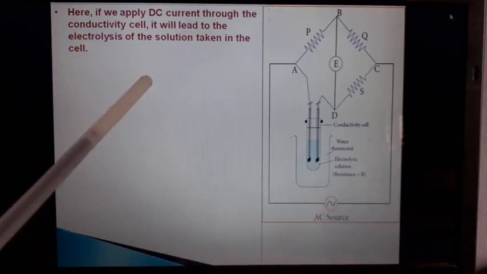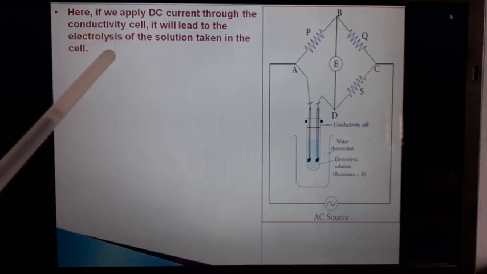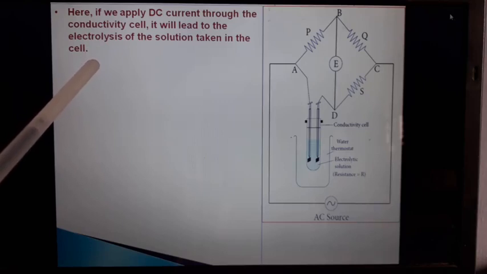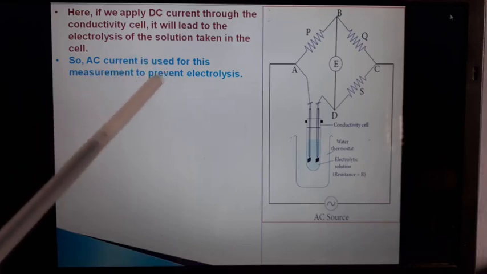Why is DC not used? Because if DC current is used in the conductivity cell, it leads to electrolysis of the solution. So AC current is used to prevent electrolysis. This is an important question.